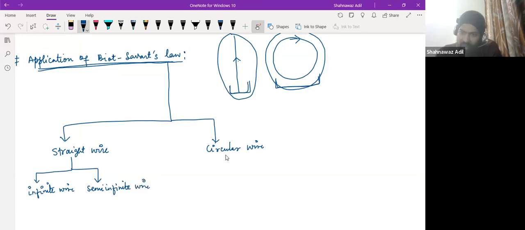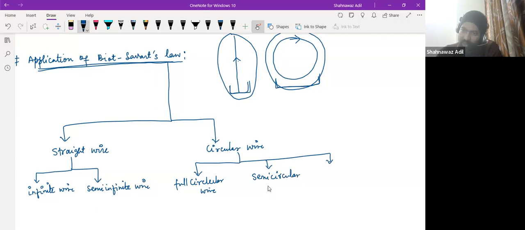For the circular wire, we can have three cases: a full circular wire, a semi-circular wire, and an arc wire.